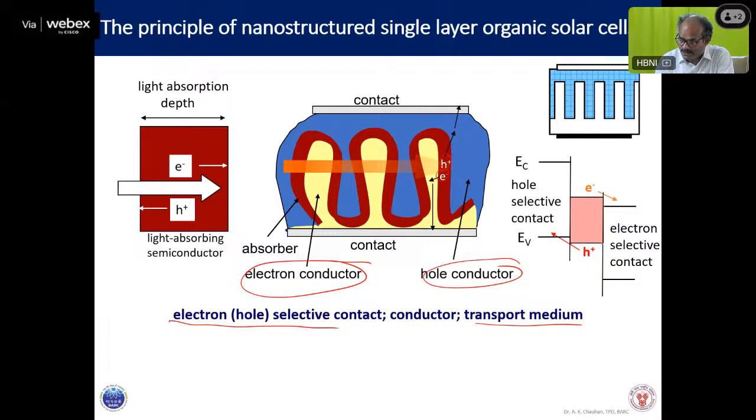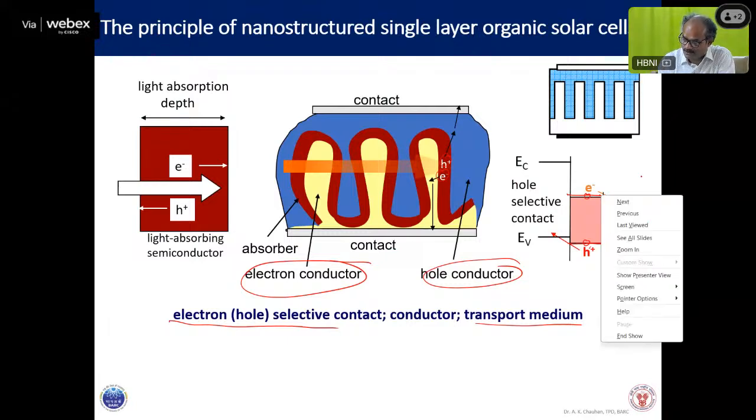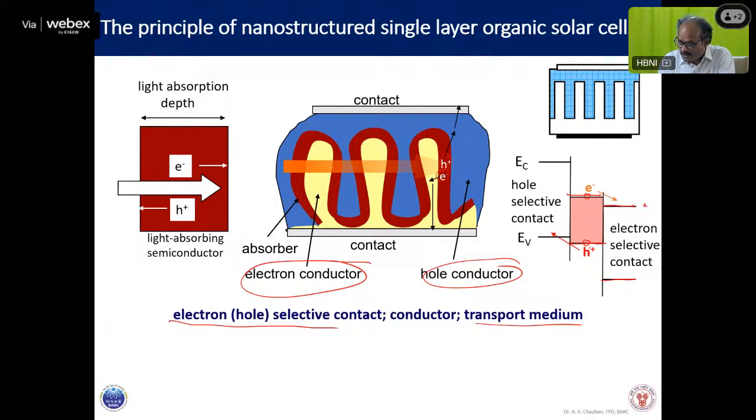Suppose this is an energy level where the electron-hole pairs are generated. Now if I have a material like this, one electron level is here, which is very close to this electronic level. So the electron can come from this place to this place and move.